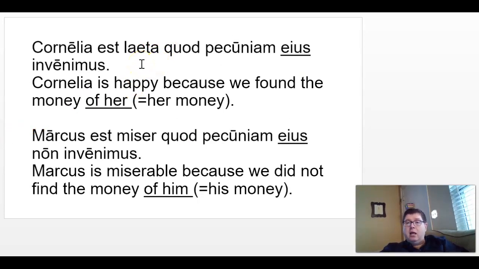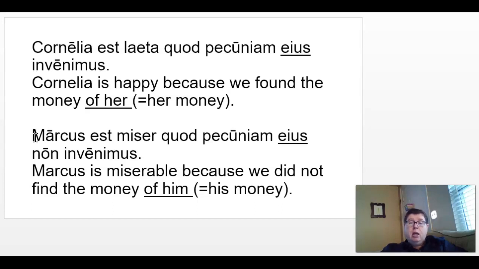Cornelia est laeta quod pecuniam eius invenimus. Cornelia is happy because we found the money of her. Again, I'm translating this eius as of her, and of course that's how we would want to say Cornelia is happy because we found her money. Next, Marcus est miser quod pecuniam eius non invenimus.